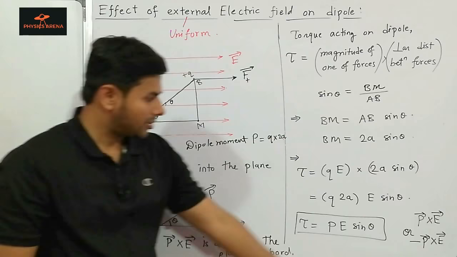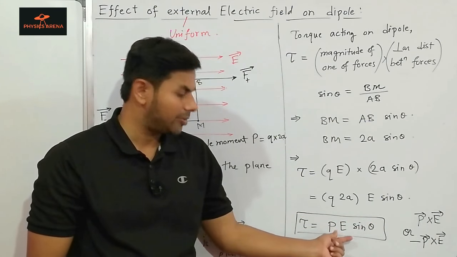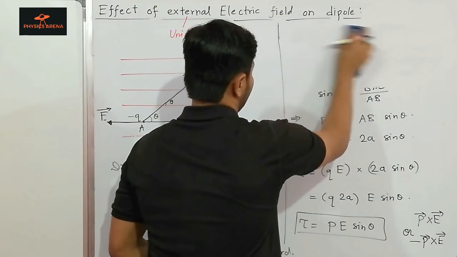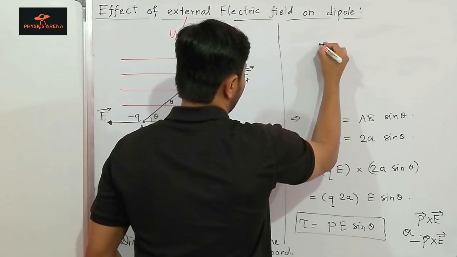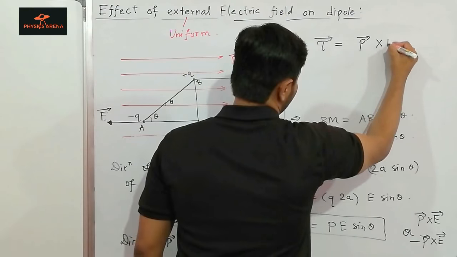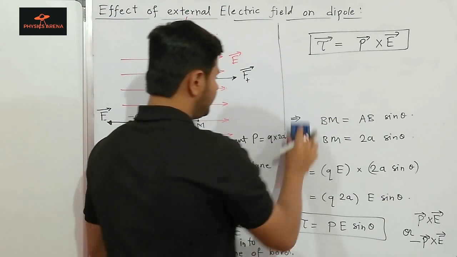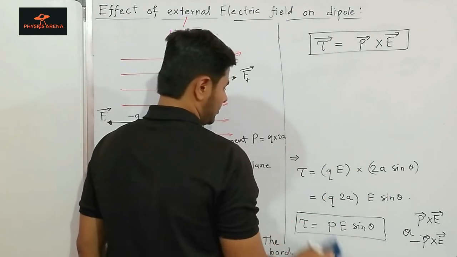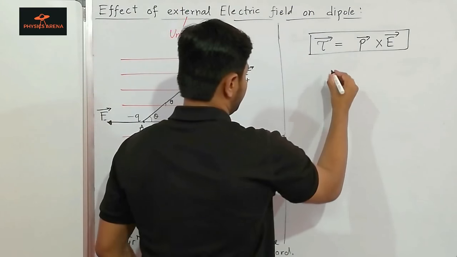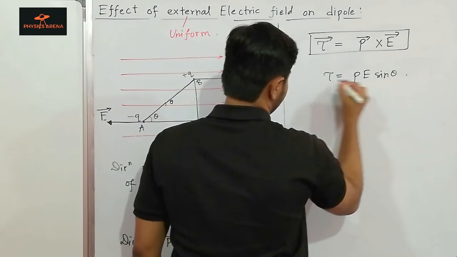So it is along P bar cross E bar, and its magnitude is exactly equal to that of P bar cross E bar. Therefore, I can write tau in vector form. Tau in vector form is equal to P bar cross E bar, and its magnitude is tau equals PE into sine theta.